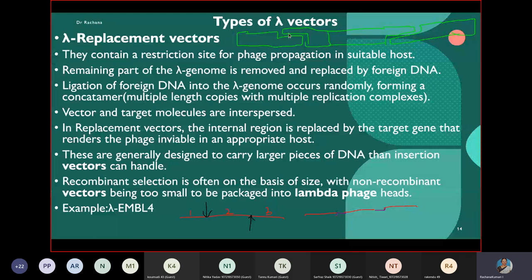Because of the presence of these protruding ends, how should our violet color target DNA be? Because it has to insert between these two. So if you want a DNA of our size, you have a protruding end at the 3' end. The protruding end consists of the 3' end. So our target DNA should have a fragment like this.